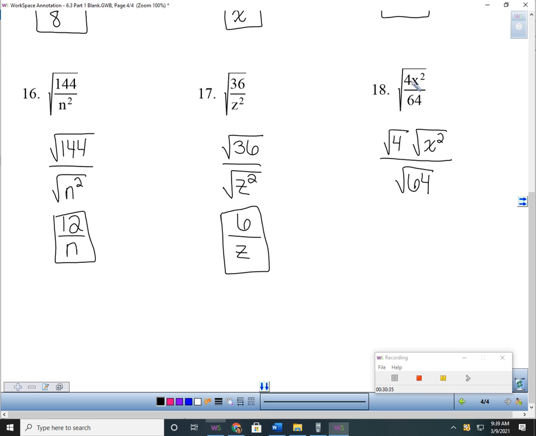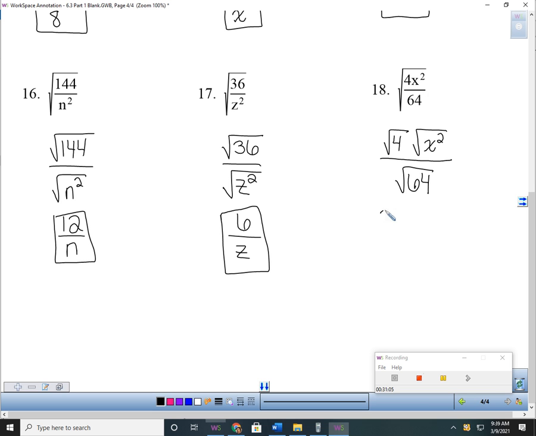This is one of those where I was saying that if you can reduce, you may not want to. 4 over 64, that will reduce. But when I reduce them, 64 divided by 4, well, in this case it works out. That makes 16, which is still a perfect square. So on this one you could reduce. But if you reduce and then it didn't make it a perfect square anymore and you're going to end up square rooting it, then you wouldn't want to do that.